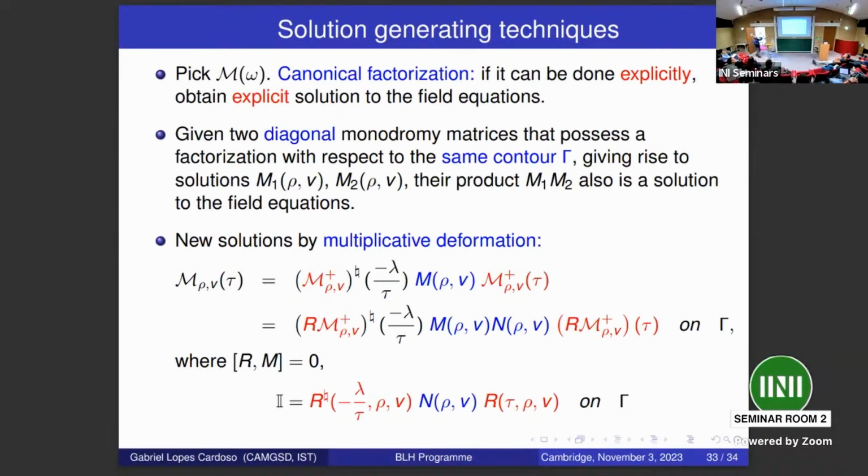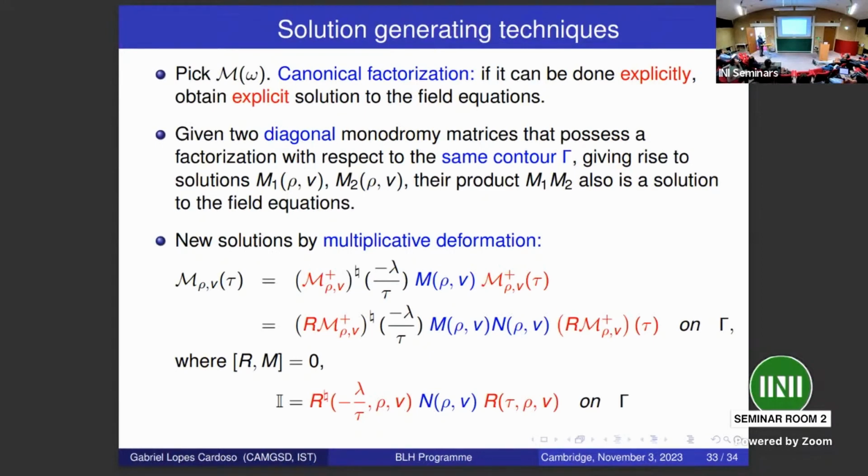As I told you, most of the talk was based on canonical factorization, but you also would like to go beyond that, because it's a natural thing to ask, and also because in practice you observe that there are interesting solutions, such as Marshall-Kasner solutions, that cannot be obtained from canonical factorization. And one way of going away from canonical factorization is by multiplicative deformation.